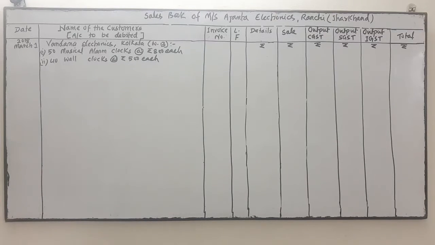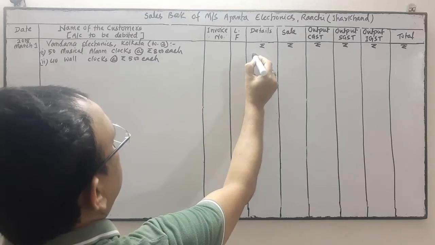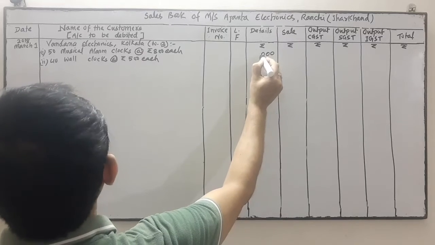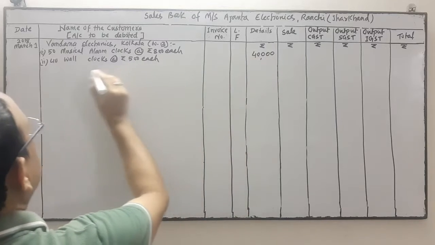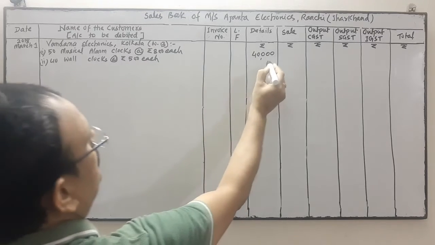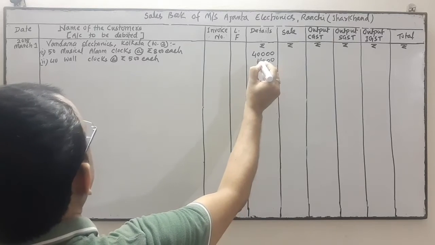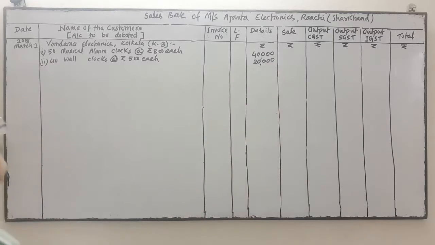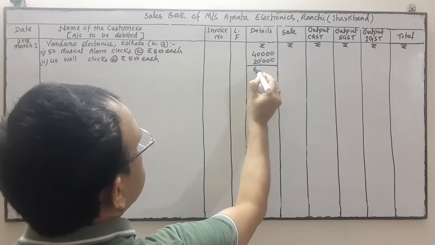So 50 into 800 is 40,000, and 500 into 40 is 20,000. The total is 60,000.